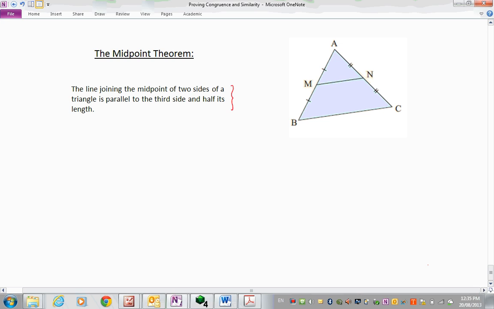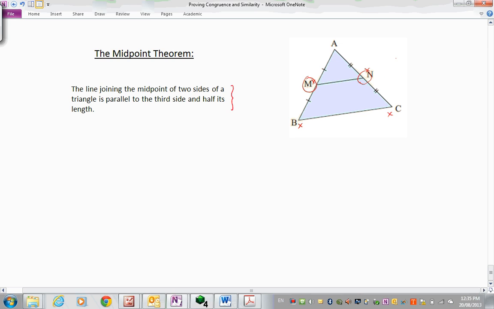Let's have a look at trying to prove it. Well, here's an interesting figure here. What we're trying to show is that MN, so M to N, is parallel to BC and half its length. This is a powerful one, isn't it? Well, just from knowing that M is the midpoint of this side and N is the midpoint of that side.